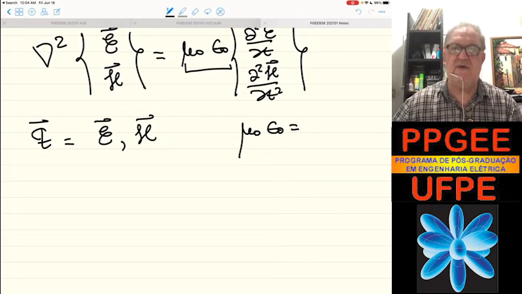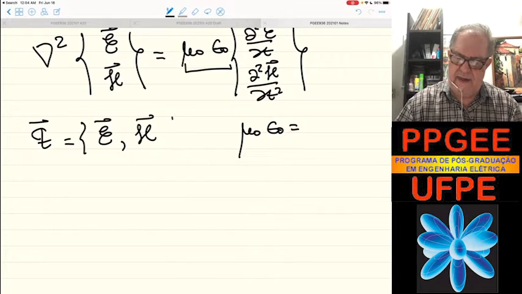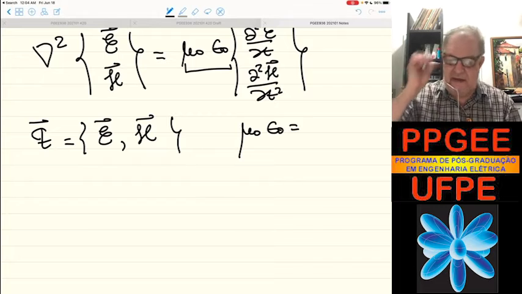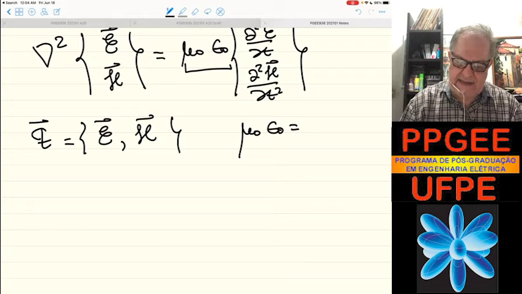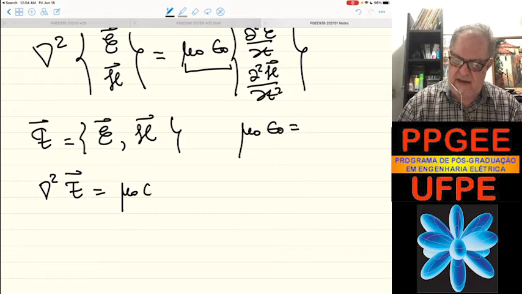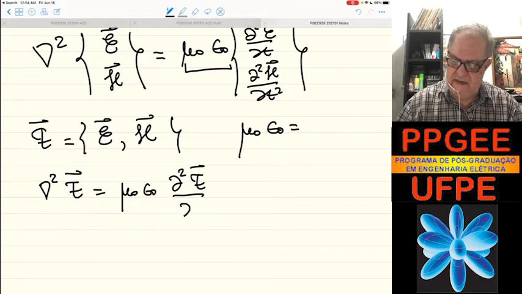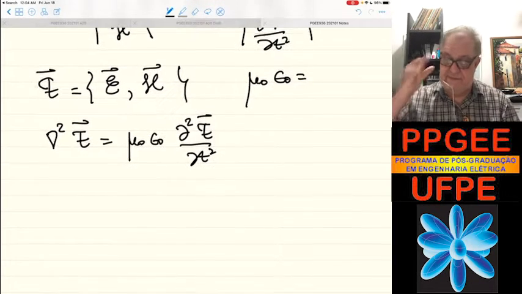Let's see the dimension of each equation, right? Before we go further, we have the Laplacian of the field equals to mu 0 epsilon 0 second derivative of this field. That's the equation we have.